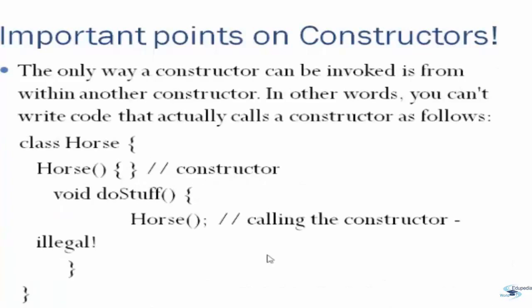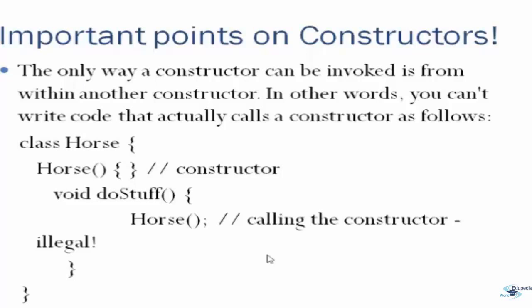The last point says that the only way a constructor can be invoked is from within another constructor. So a constructor is not like a method. You cannot call it yourself. There are two ways of actually invoking a constructor.